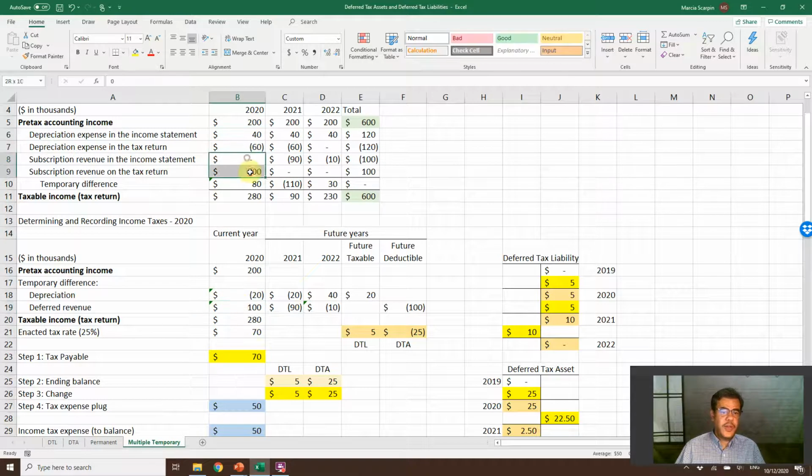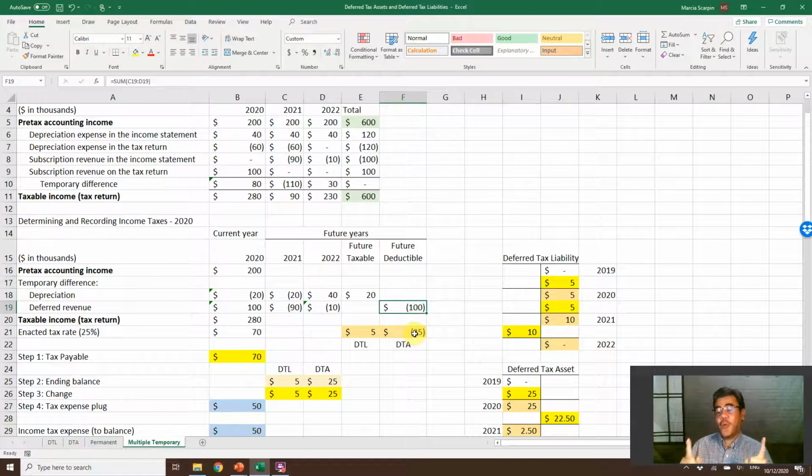Deferred revenue 100, when we combine both. And here we will have one temporary difference. The future taxable is positive. We will pay more tax. So we have deferred tax liability. The second one, negative 100 for future deductible, negative here. So we have deferred tax asset.